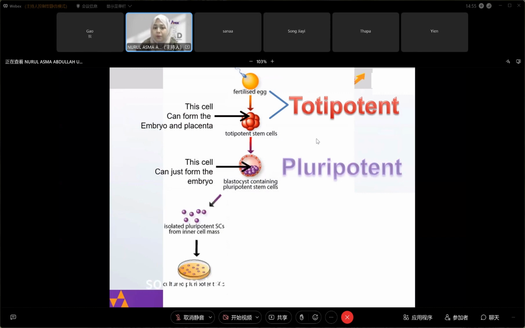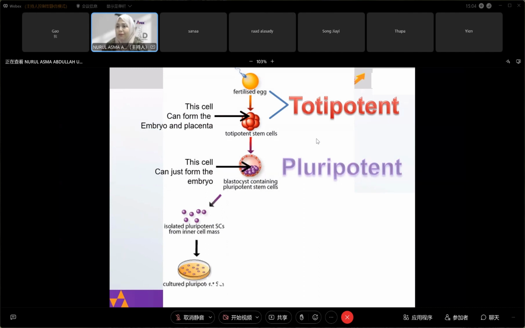So from this pluripotent stem cell, most of the time, we can isolate it from the blastocyst, from the blastocyst stage of the fertilized egg. If you ask, if we isolate the pluripotent cell from the blastocyst, can the blastocyst survive?